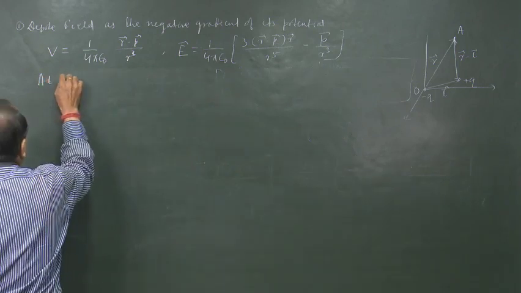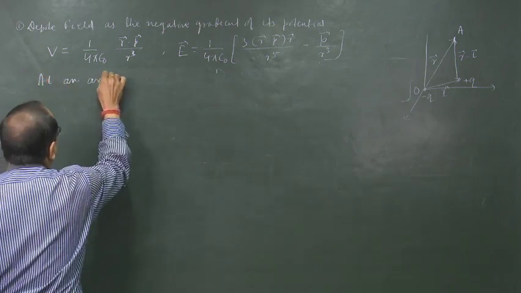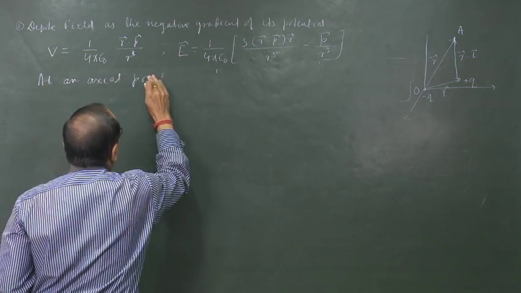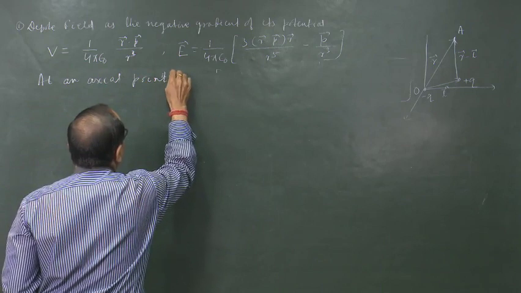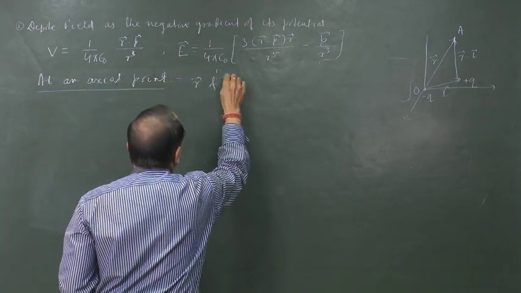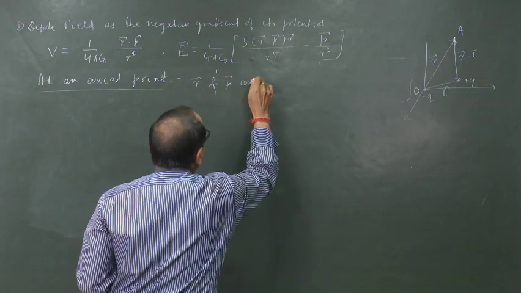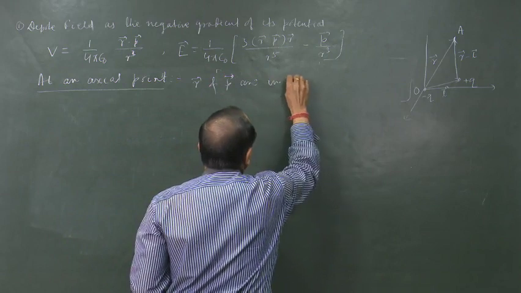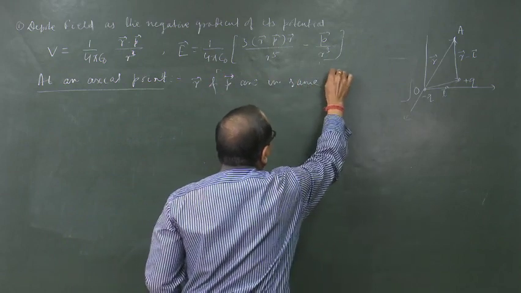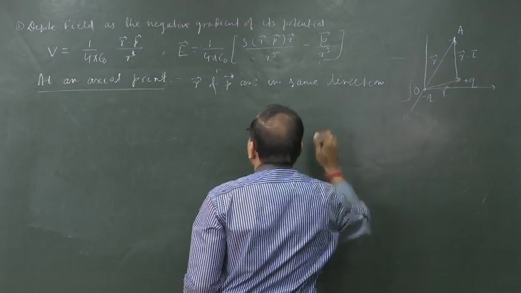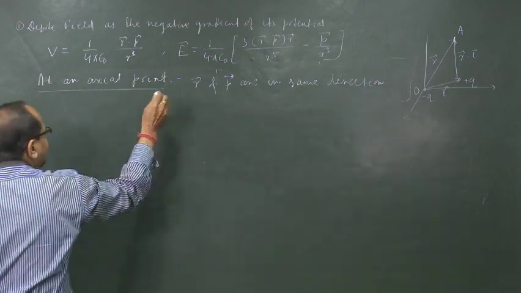At an axial point, here r and p are in the same direction, so theta is 0 degree.